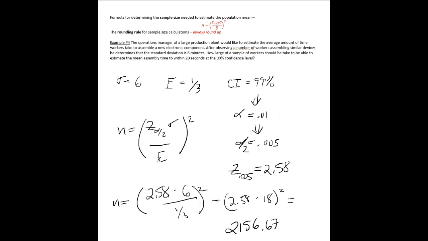Because we're talking about a sample size, we're always going to round up, because we want to know the minimum sample size for which we can have 99% confidence here. Even if we were at 2156.23, we would round up because we want to have that next unit, because n can't be a continuous number. N needs to be a discrete number. So 2157.